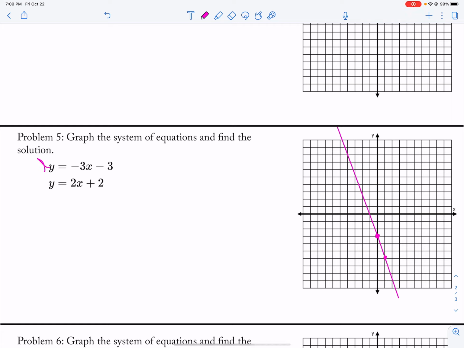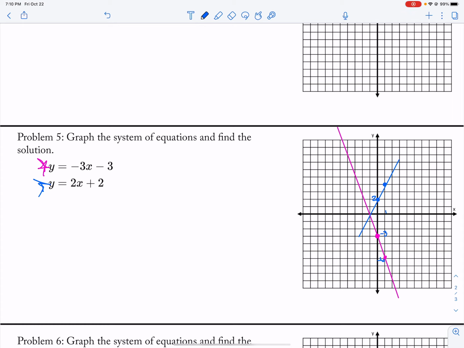Okay, so that is my top equation, and then my bottom one is at a +2. I should label my axis, and I should label some points, because that's really important to do. And then I'm going to go up 2 and to the right by 1, which I don't have to extend out very far to get my solution.